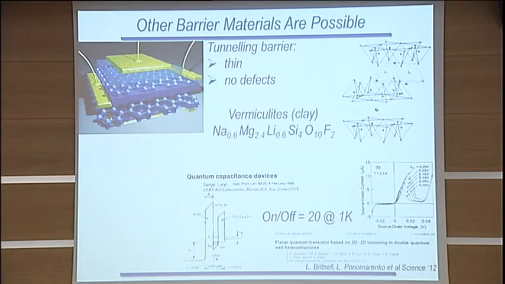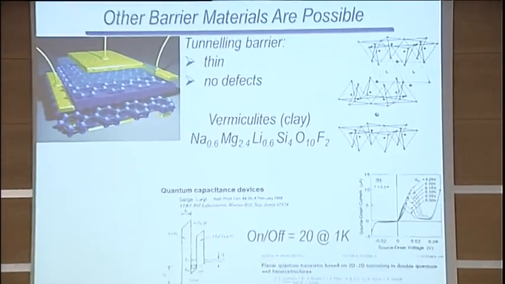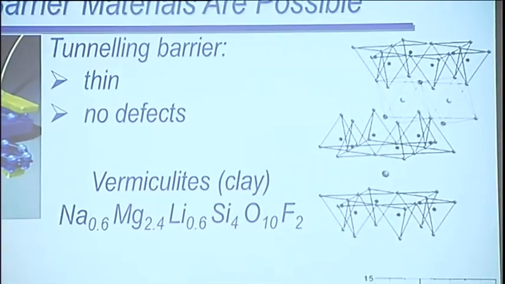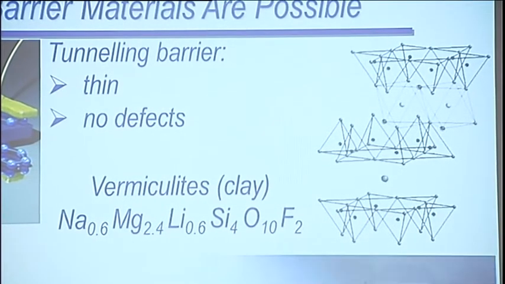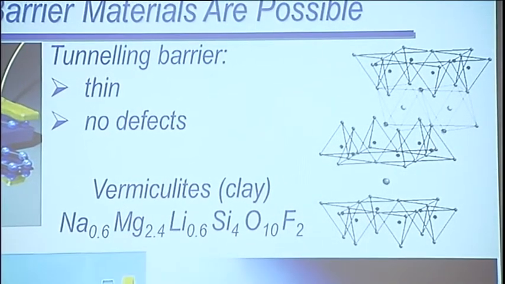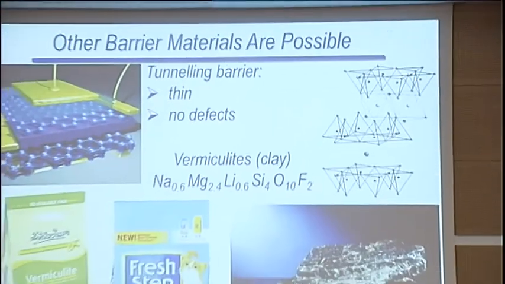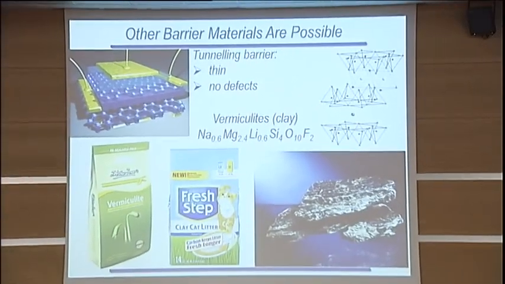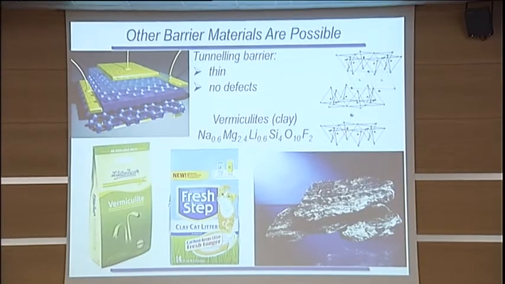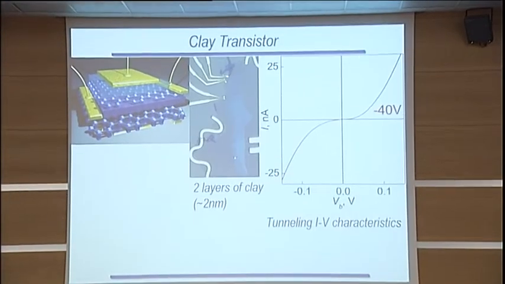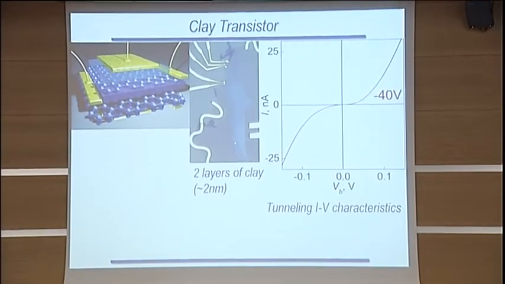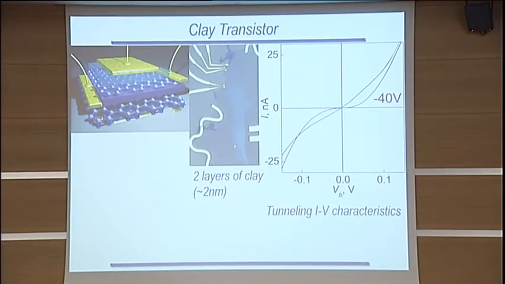And here we used this material, vermiculite, which is basically clay, as a tunneling barrier. One reason to use exactly that material is that it is readily available from any shop. It's basically something which goes into the filler of cat litter boxes. You can exfoliate this vermiculite quite readily, and you can put it in as a barrier into your transistors, and it does work.